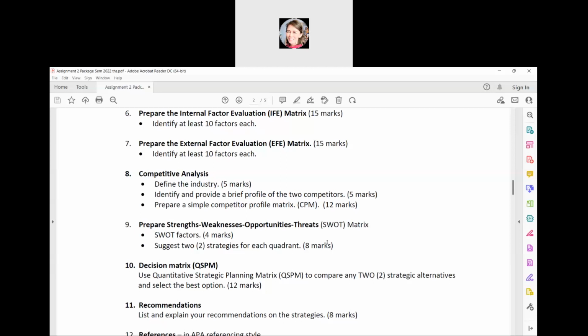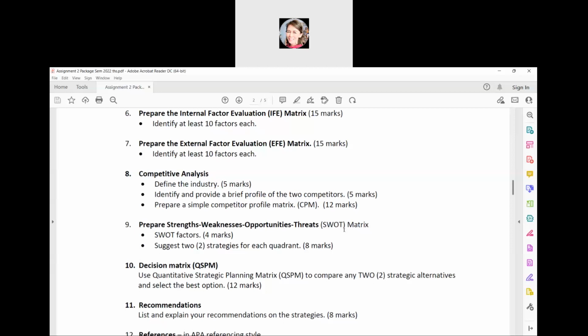Okay, what are the strategies suitable for each of the quadrants? There are 4 quadrants, SWOT: strengths, weaknesses, opportunities, and threats. So for each quadrant, you need to have strategies. From these, you need to suggest which two strategies are most suitable, based on your discussion with the group members, based on your integrated intuition and analysis.